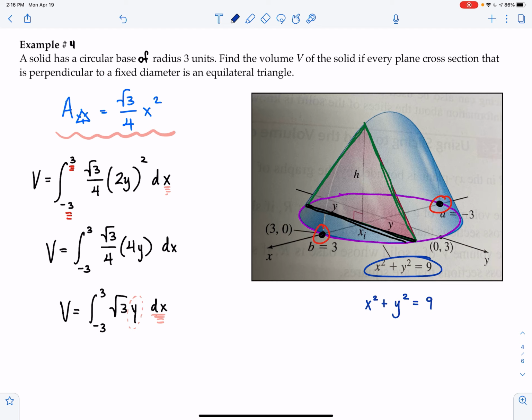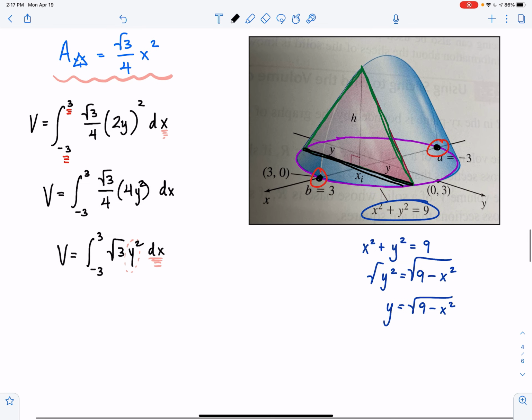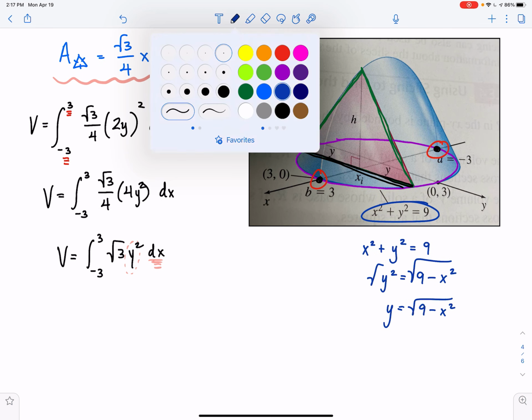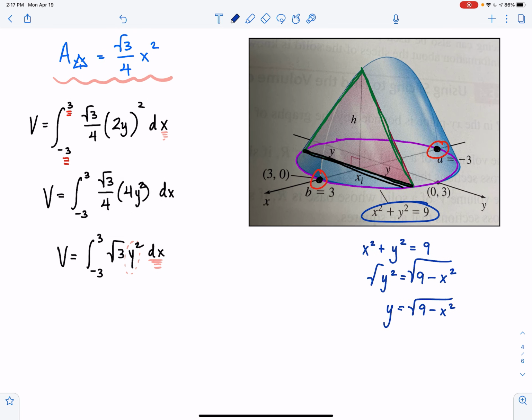We'll subtract x squared from both sides. And then if we take the square root, in a couple of steps, we're good. So this should be squared. When we put this all in, we are now going to replace the y. We're going to substitute in that square root expression.